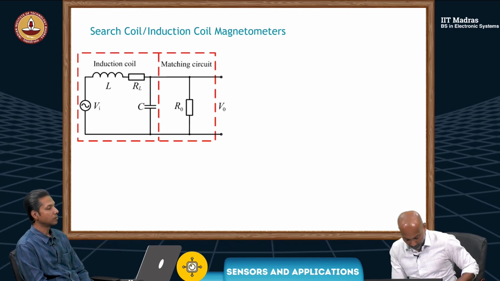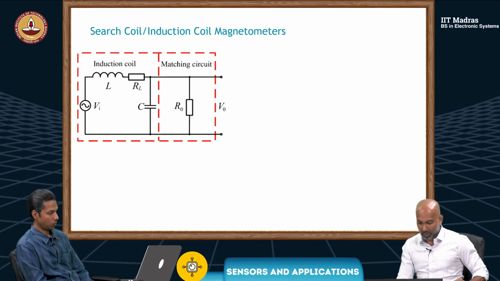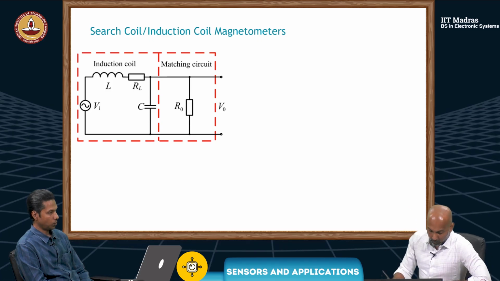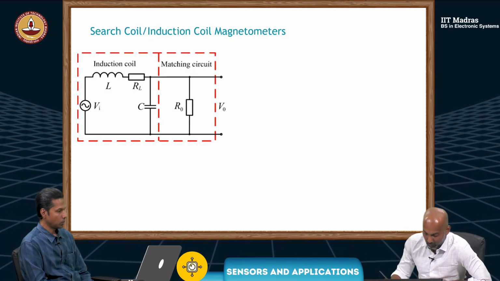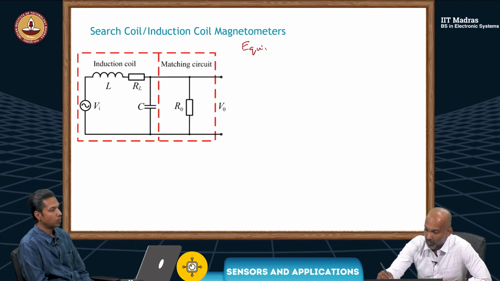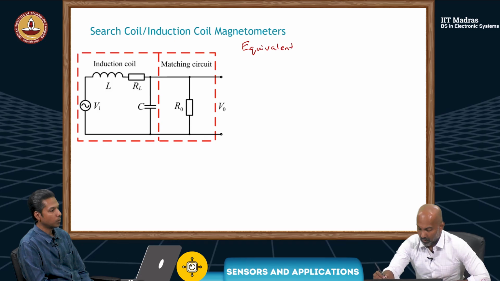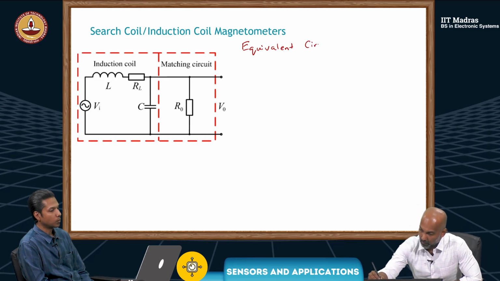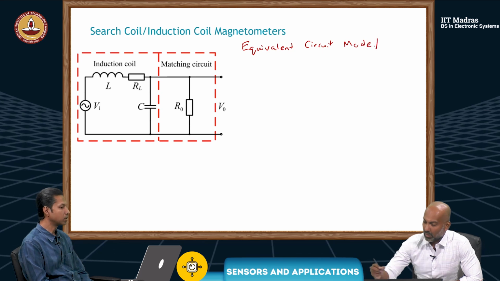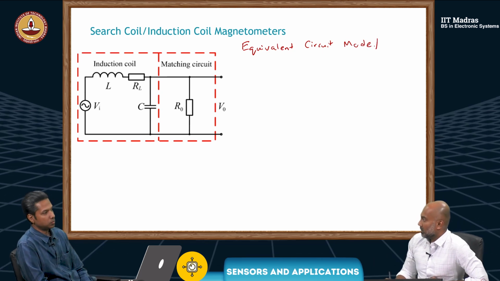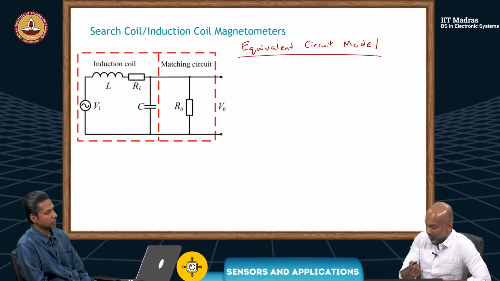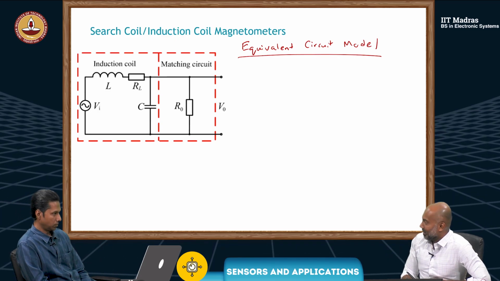Now, here is what we call an electrical equivalent circuit model, and we can recognize pretty much all the symbols here.